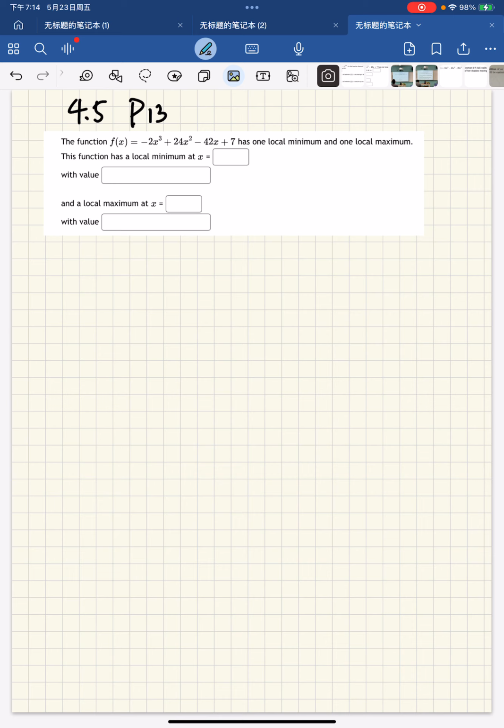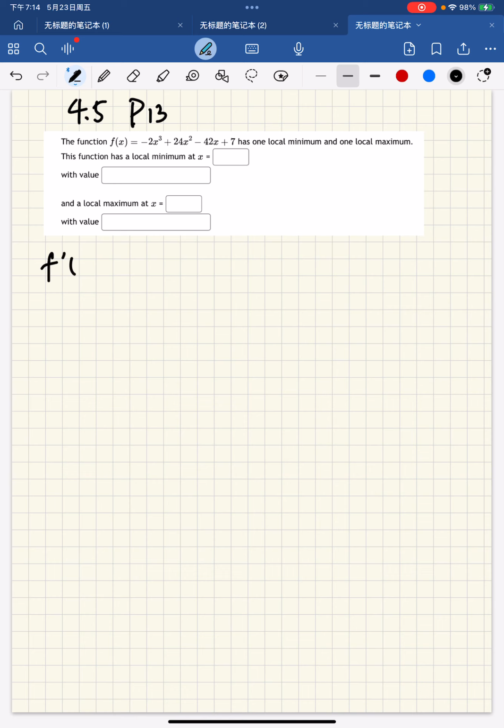To find that, first of all, we need to find the critical points of this function. To find the critical points, we need to use the first derivative, so we find the derivative of f(x).